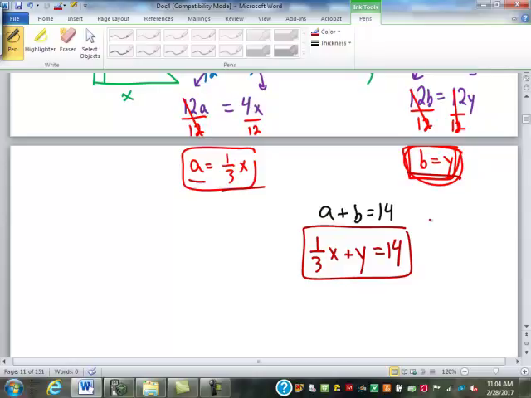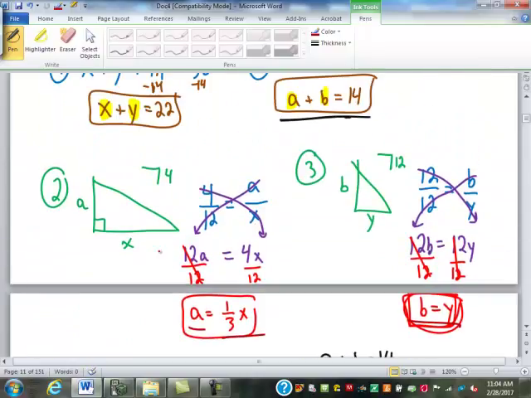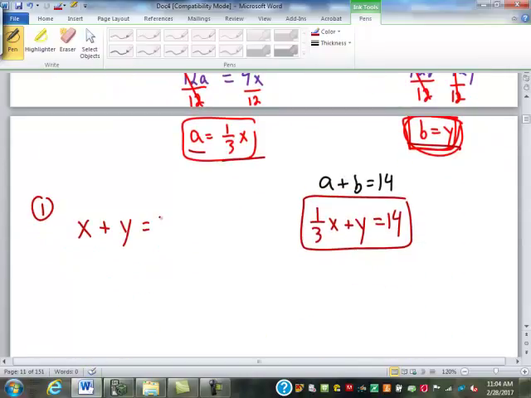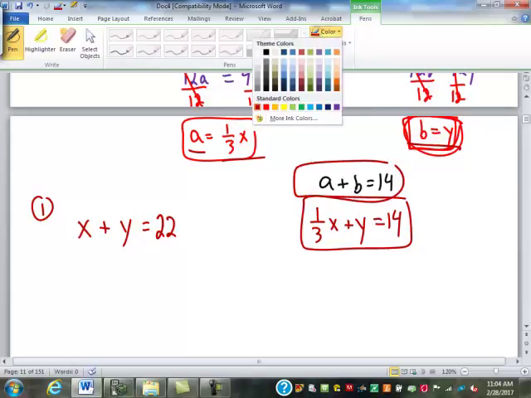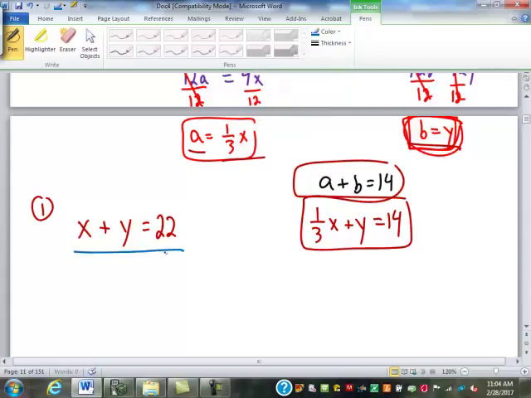You'll also remember I had equation 1 over here, which was x plus y equals 22. That's right here. The 14 was already there. We just replaced a and b with the equivalent x and y. So what we have now with these two is a system of equations. Say yay.